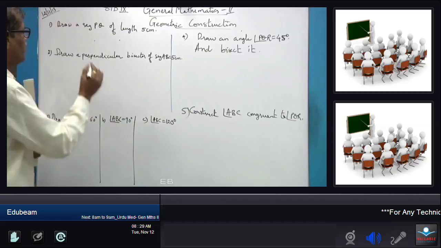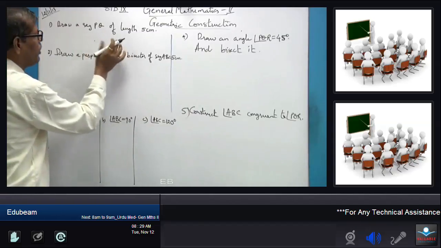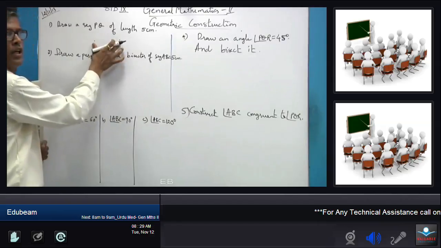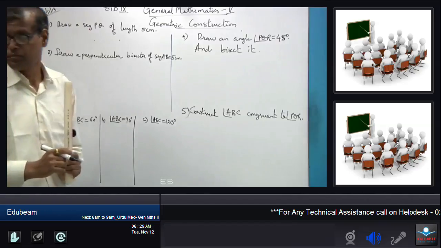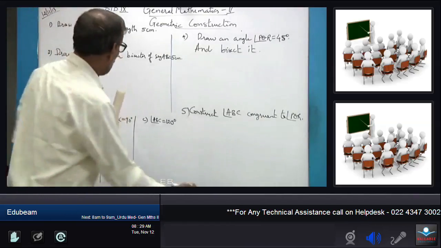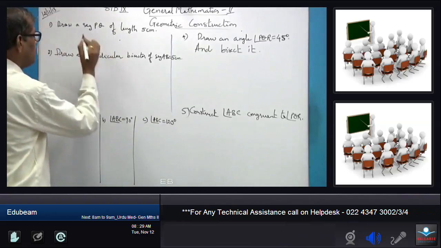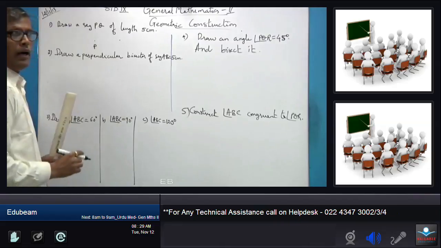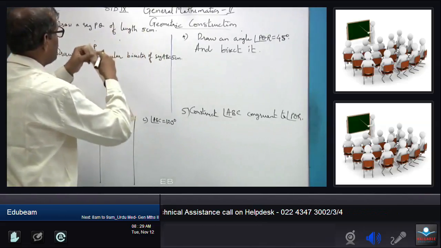That measure is 5 centimeters. The second is perpendicular bisector. Perpendicular means a 90-degree angle. You have to draw a perpendicular line and make this into two equal halves, 2.5.